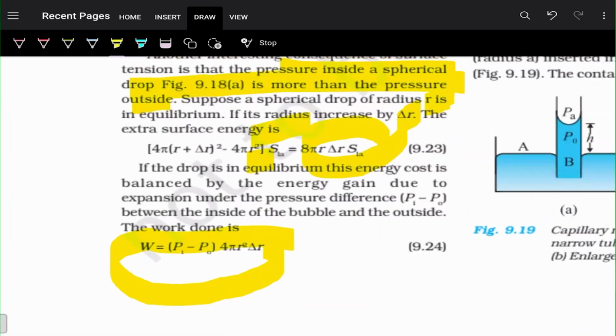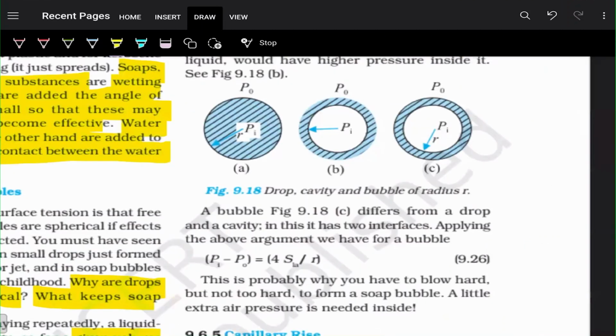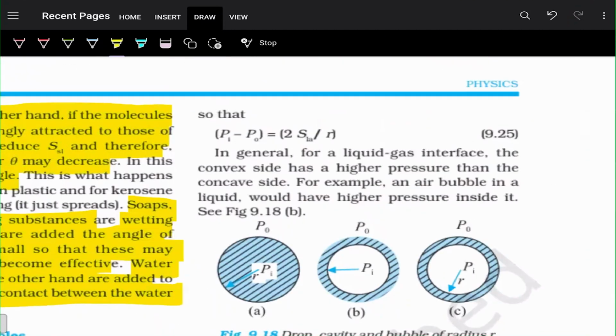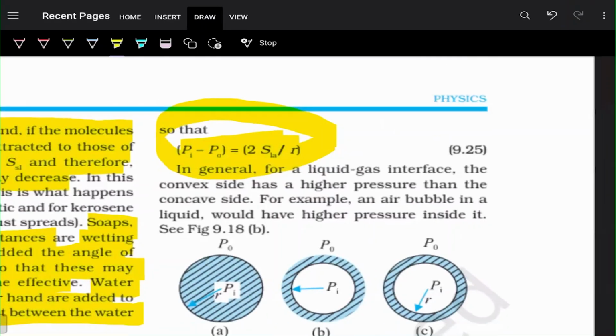Simply given അല്ലേ? So ഒരു ഡ്രോപ്പിന്റെ കേസിൽ നമുക്ക് എന്ത് പറയാൻ പറ്റും? Pressure inside minus pressure outside is equal to 2 into surface tension divided by r.